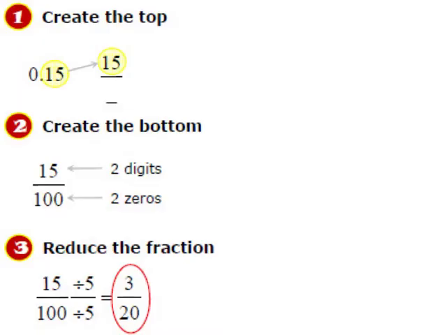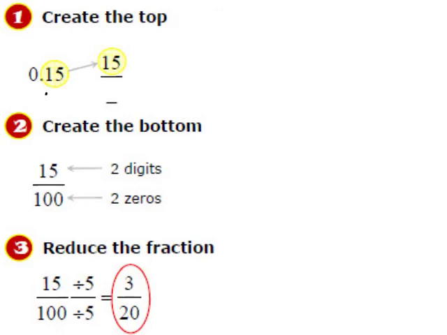Alright, so this gives us a set of steps, and it says create the top from what you have. You know you've got 15, so we'll put 15 on the top. Then you create the bottom by counting how many place value points you have after the decimal.